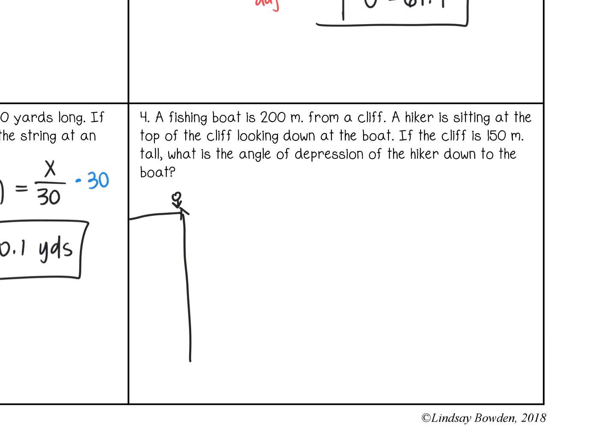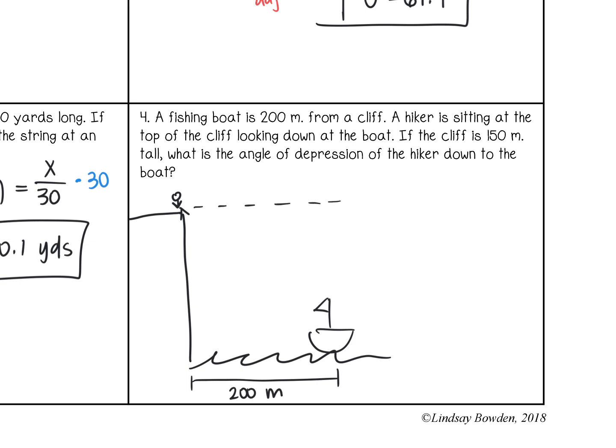The fishing boat is in the water, and it is 200 meters away. If you are looking down, this is your angle of depression. It is technically outside your right triangle. And then our cliff is 150 meters tall.